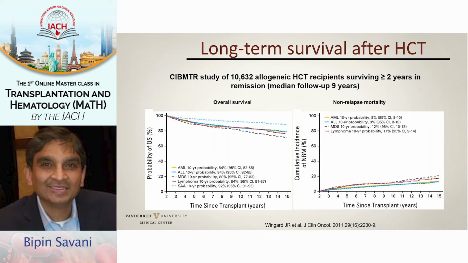The study population includes all patients surviving at least 2 years post-transplant, and the 10-year survivor probability of AML, the most common indication for transplantation, was 84%. And remember, these are all young patients receiving myeloablative transplant, and the median age of the cohort in this study was only 28 years, very young patients.